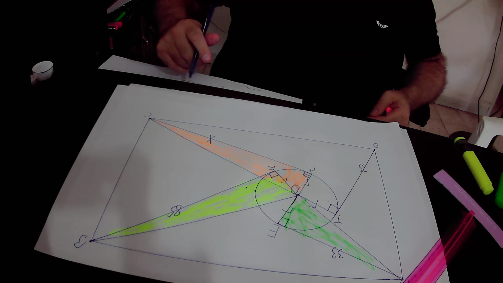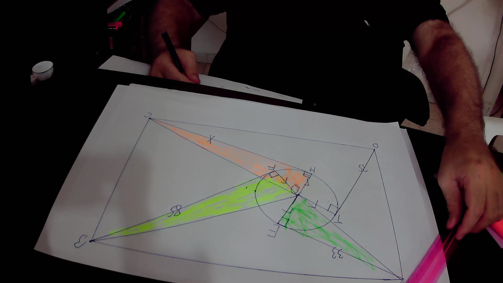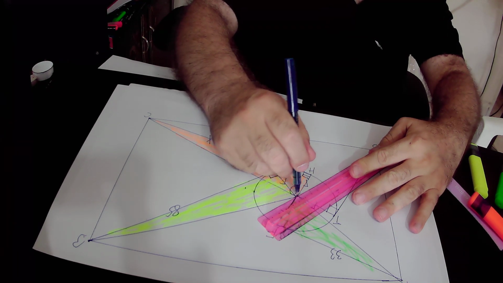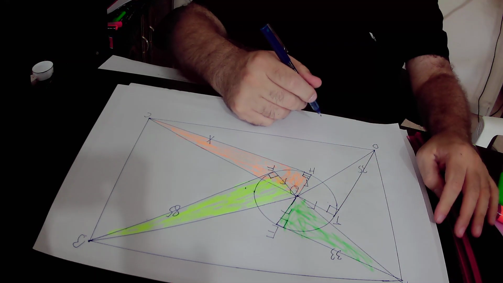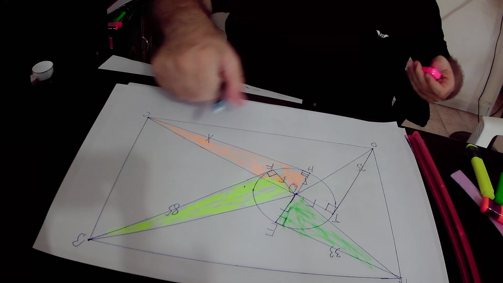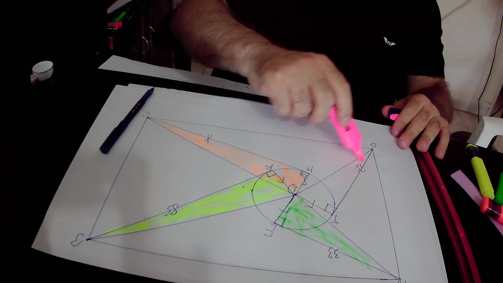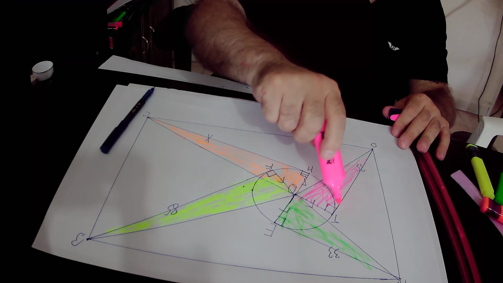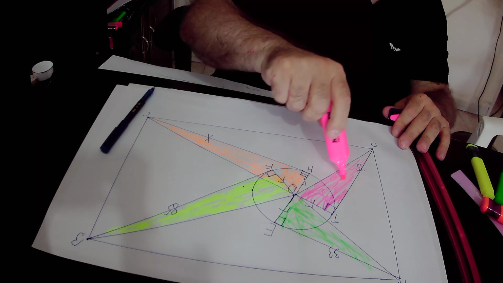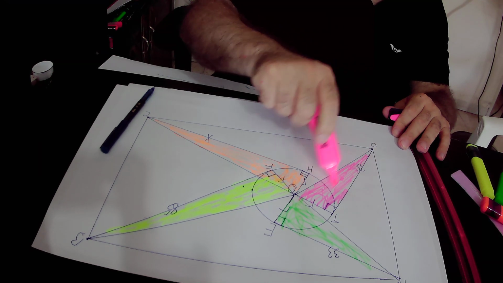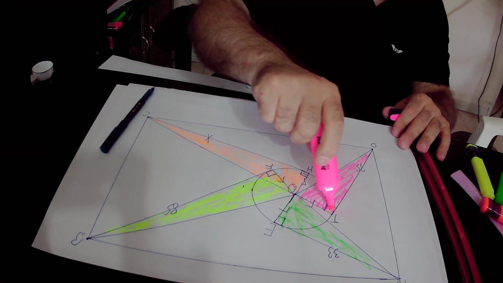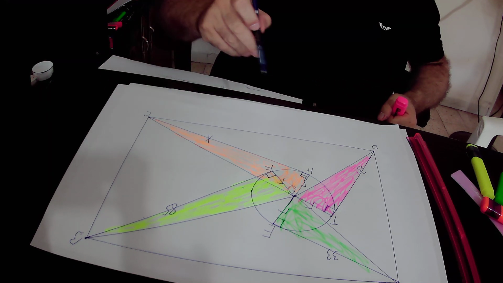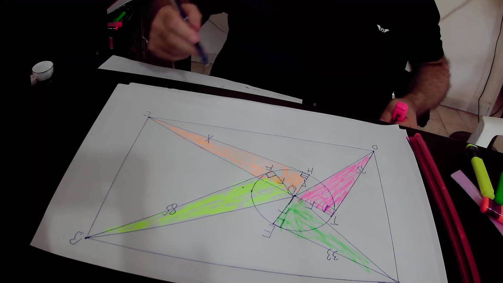In the next step, we join points D and O together by a straight line. And we will implement the Pythagoras theorem on the right pink triangle, triangle TOD.